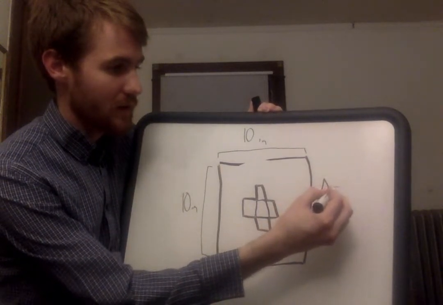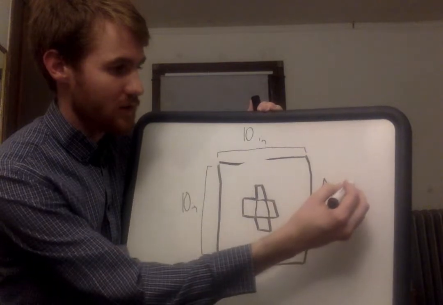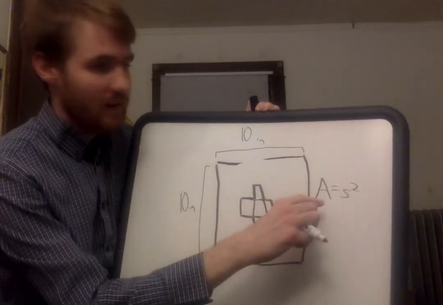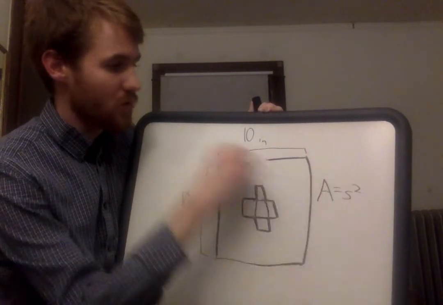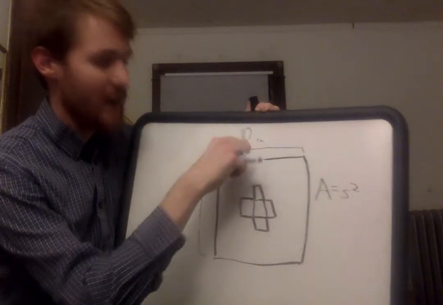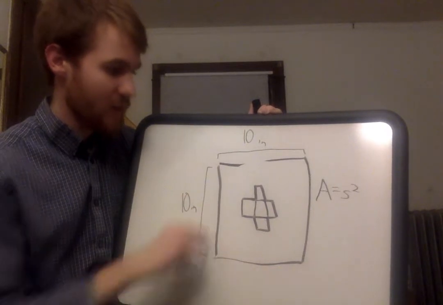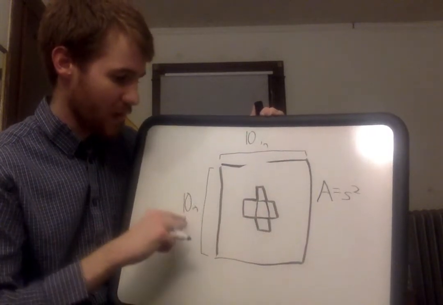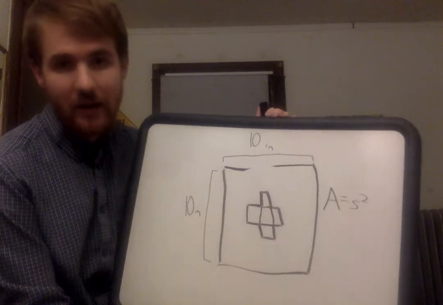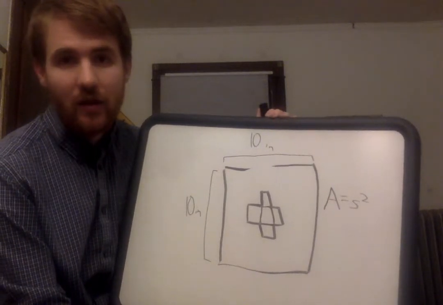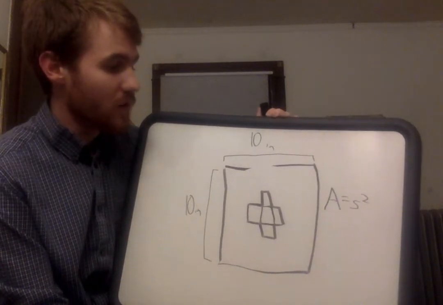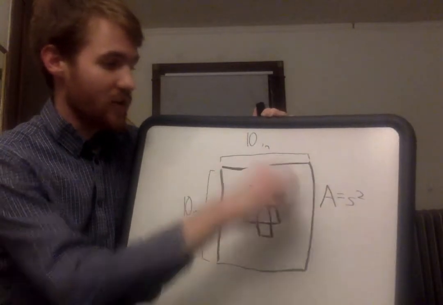A equals S squared. This means that the area is equal to one side squared, or a side times the other side. So if one side is 10 inches, to figure out the area of the entire thing, we need to do 10 times 10. I'm not going to tell you what that is. You can do that math on your own. Once you've done that, you'll have the area of the entire flag.